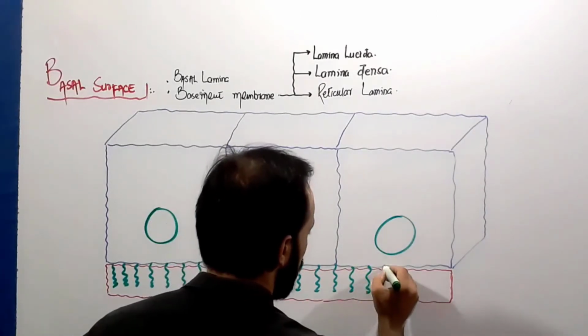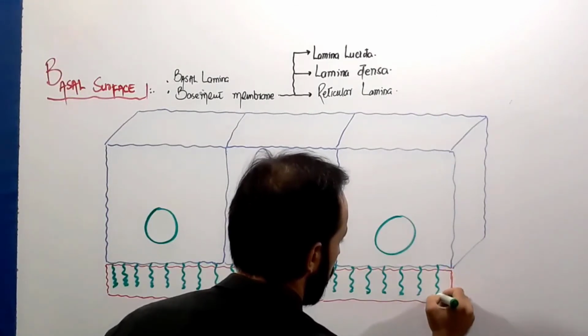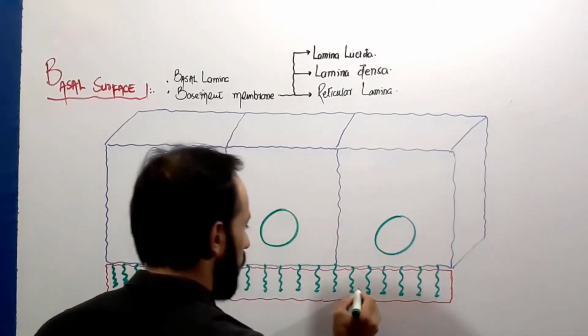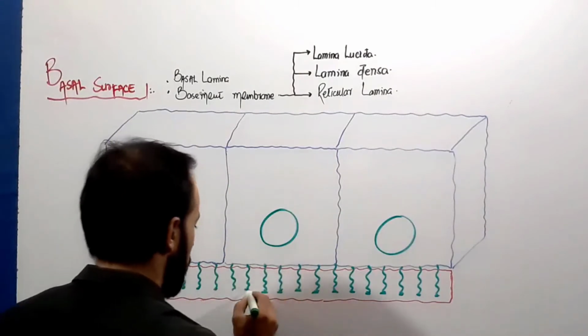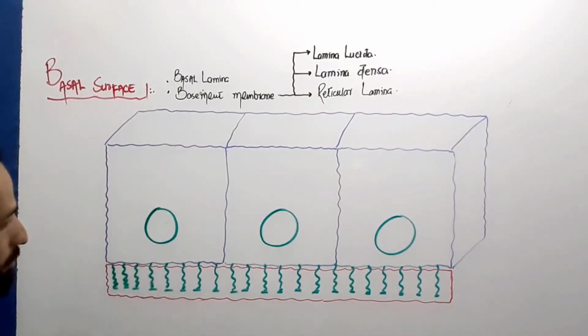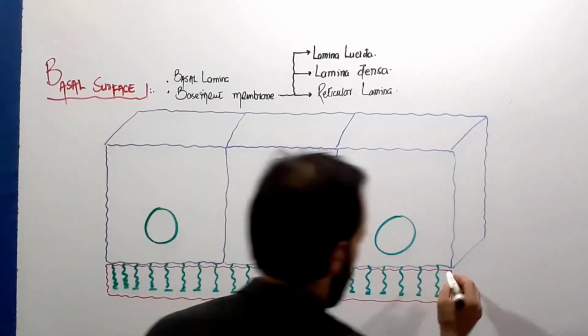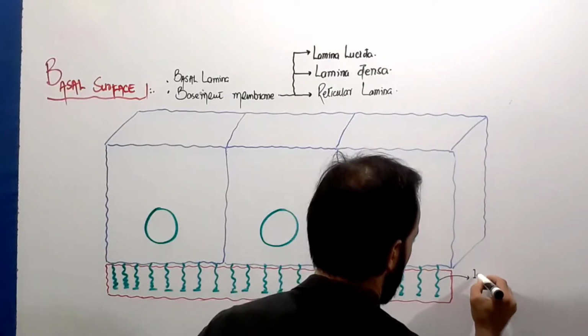These are the integrin molecules present in the lamina lucida.